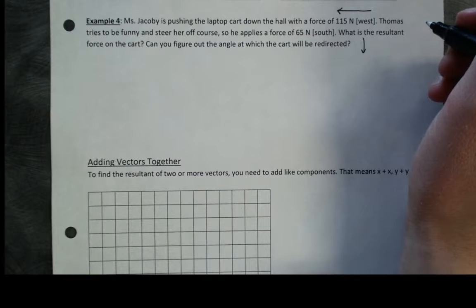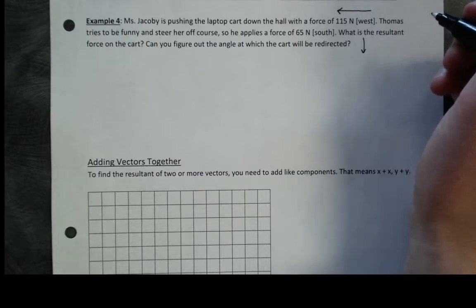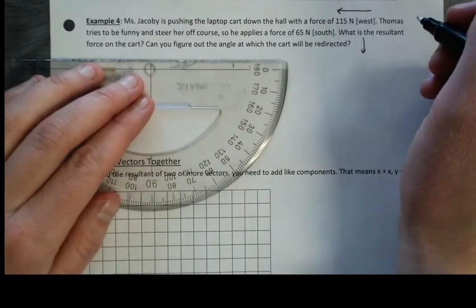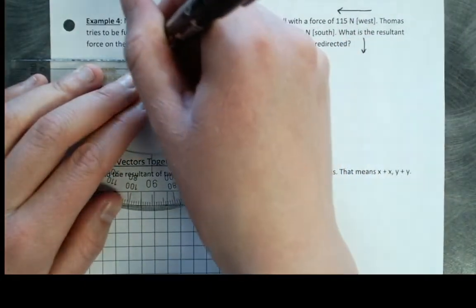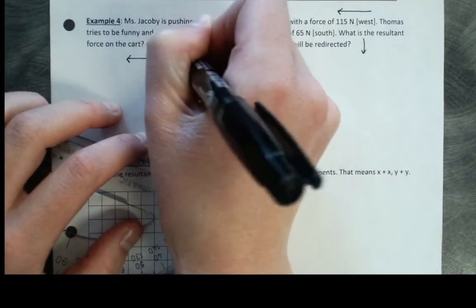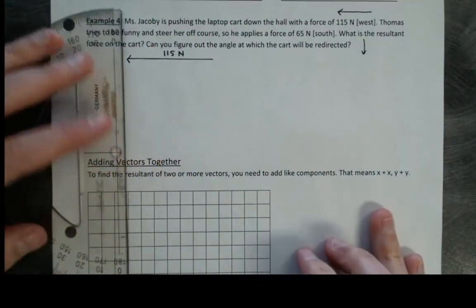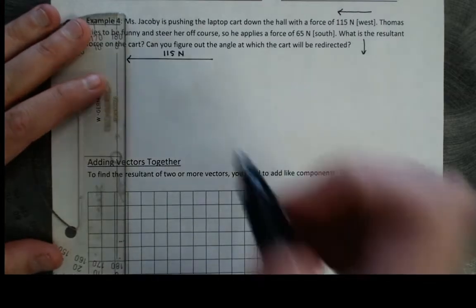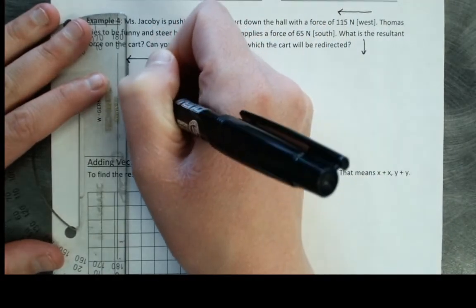Can you figure out the angle? So we're going to need to find our triangle side again. Okay, let's put our horizontal one first: 115 newtons. Thomas tries to be funny, pushes with 65 newtons south.